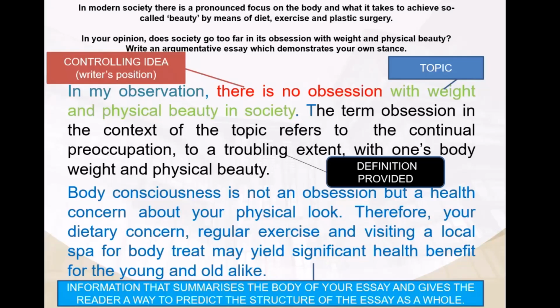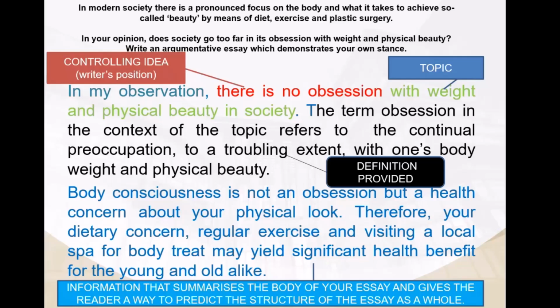And then the student has chosen the stance or position that there is no obsession with weight and physical beauty in society. So I have the topic there above, topic and controlling idea, which forms a thesis statement. Indeed, the student has started the introduction with a thesis statement.